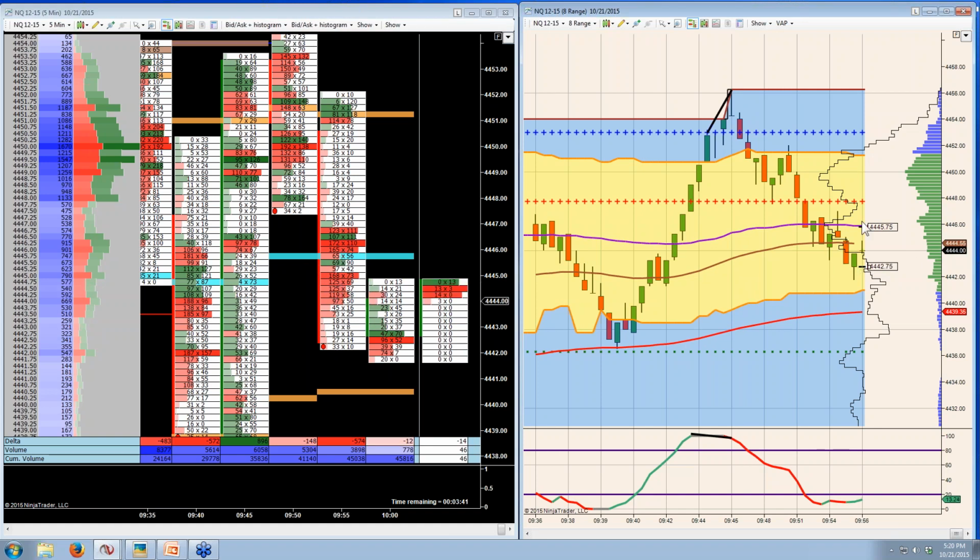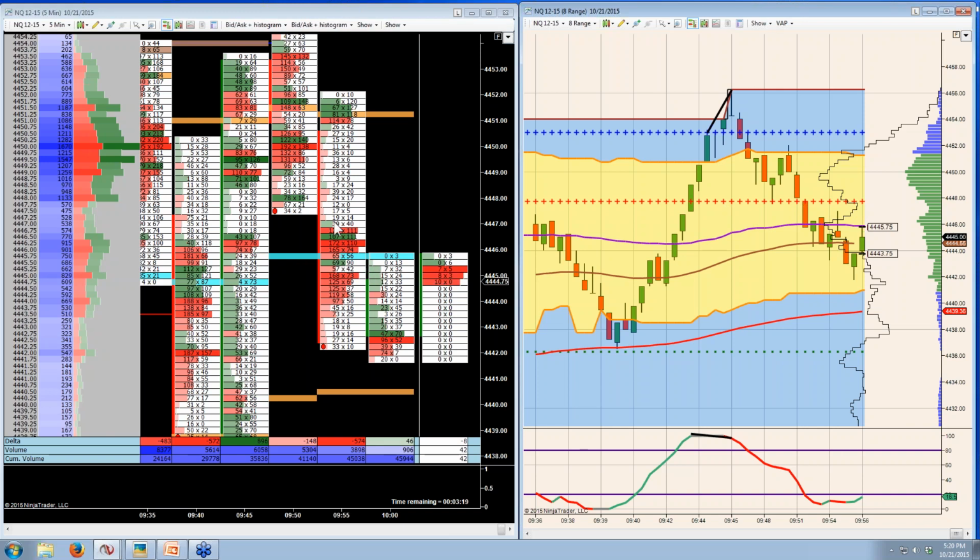So likely going to retest that point of control back up into this volume area here. And then if it bounces, then we'll likely hit the 48 and then back up here again to the 51.